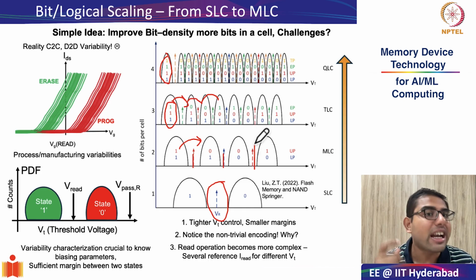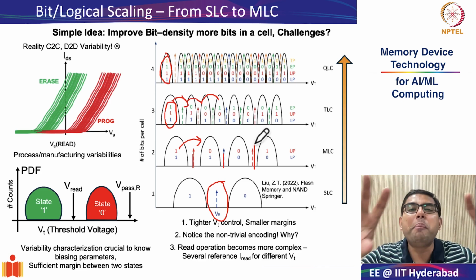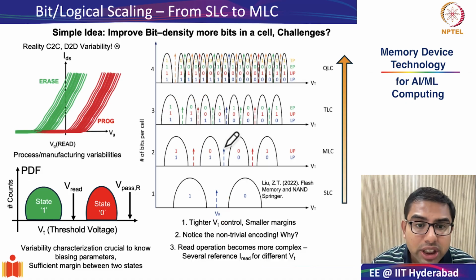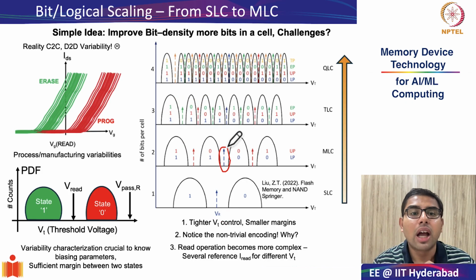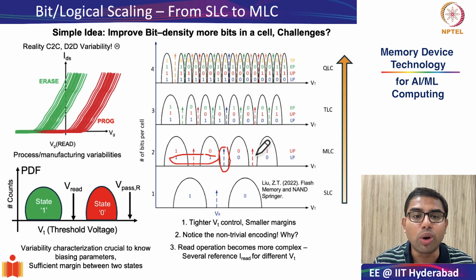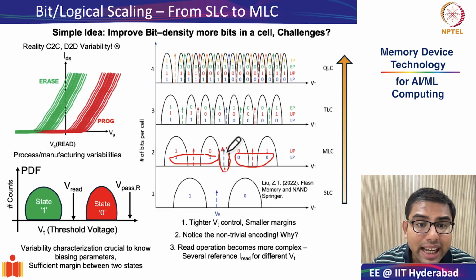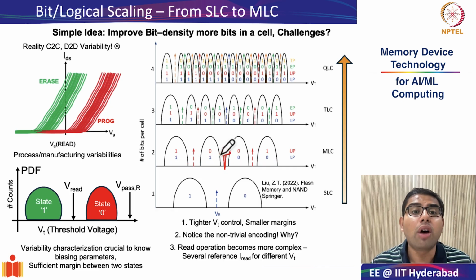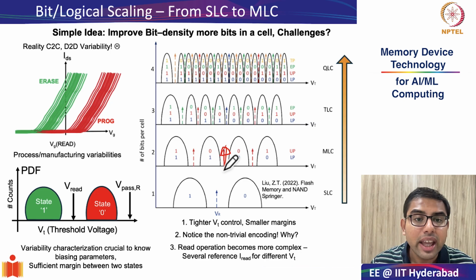How this is generally done is in the form of a binary tree search. First you check whether the least significant bit is 1 or 0. How do you find out? You find out by checking the state of the transistor at the middle read voltage.